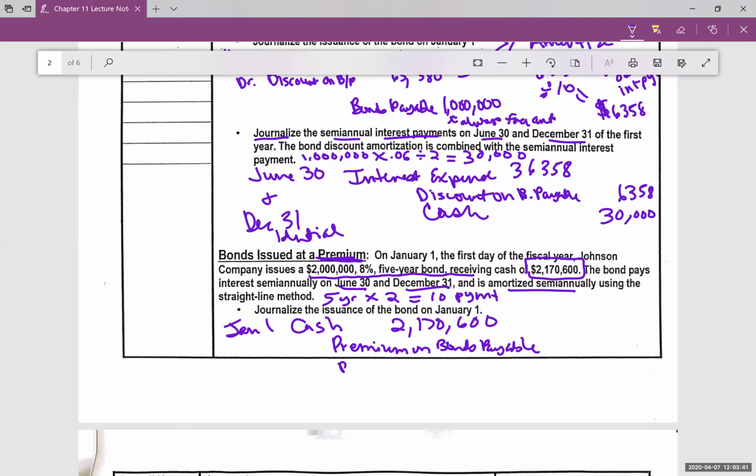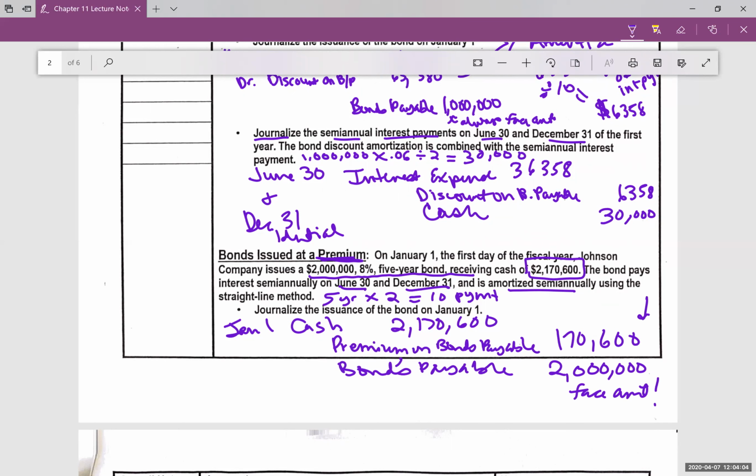And then bonds payable is also a credit. That's always the face amount, right? So the difference, 170,600, is a credit to premium on bonds payable.